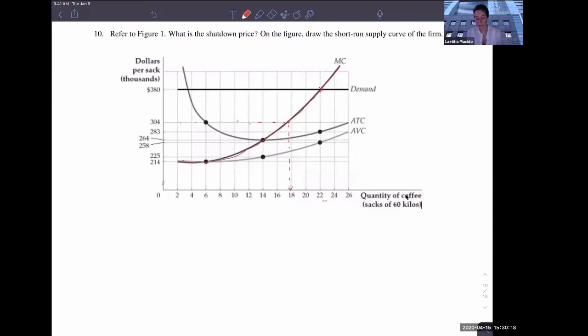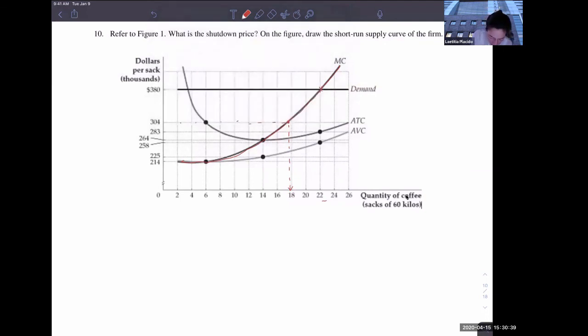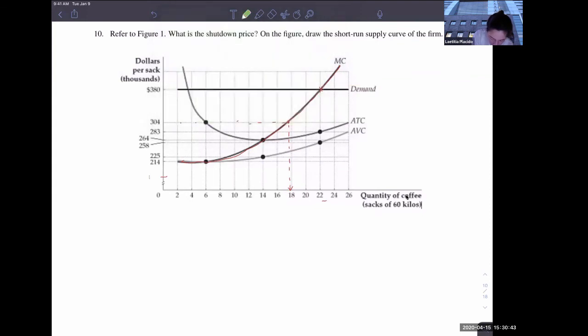So there are two things to consider. What is the optimal response of the firm? Set price equals marginal cost, and it gives you the optimal quantity. But then there is another aspect of the problem that we must take into account. In particular, imagine that the market price is, let's say, here. Let's say it's 100.